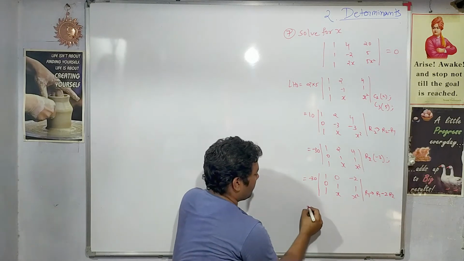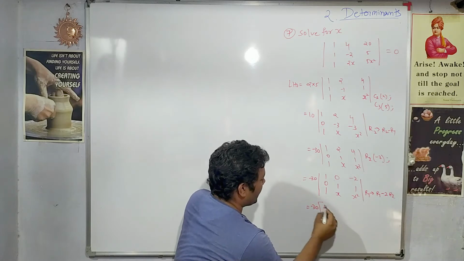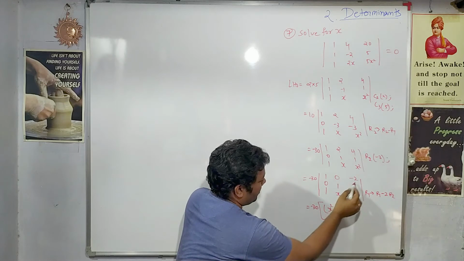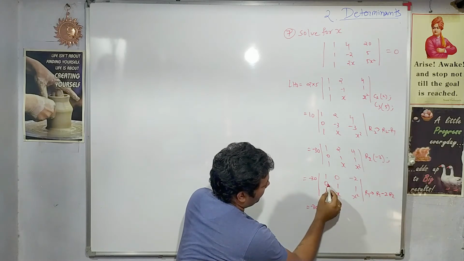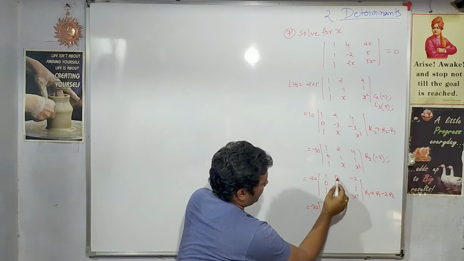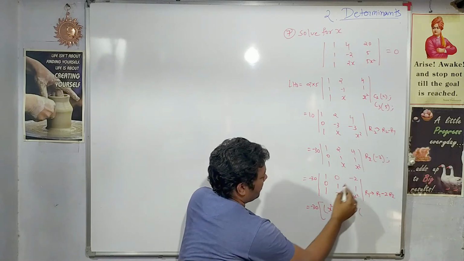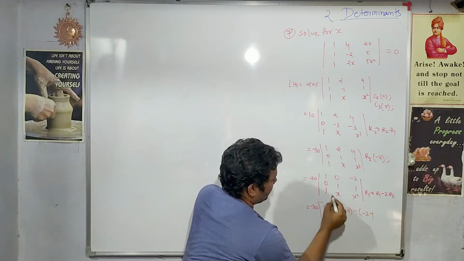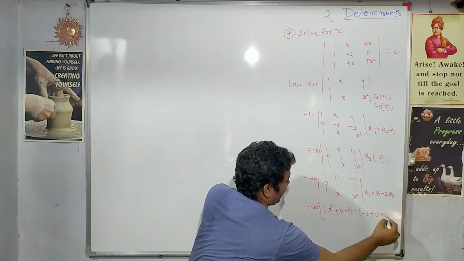Now I will open the determinant using Sarrus rule. This will give me x square plus 0. This triangle will give 0, and this triangle will also give me 0. Minus this side, this will give me minus 2 plus 0, and this one gives me x.